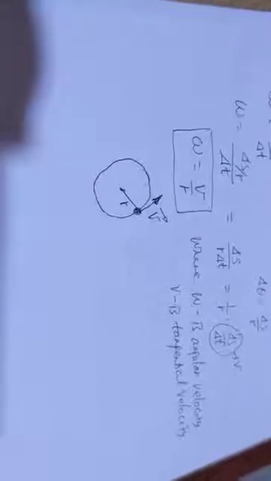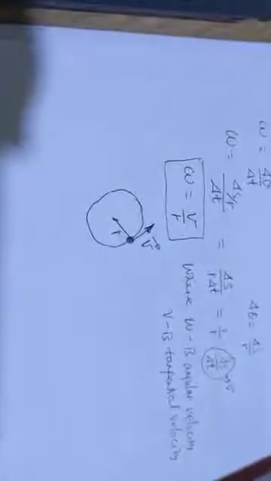You can see here, when a particle is moving about this axis at a distance r, it can move like this. This velocity is known as tangential velocity. The tangential velocity is always perpendicular to the radius vector, and it is always acting tangent to the circle.